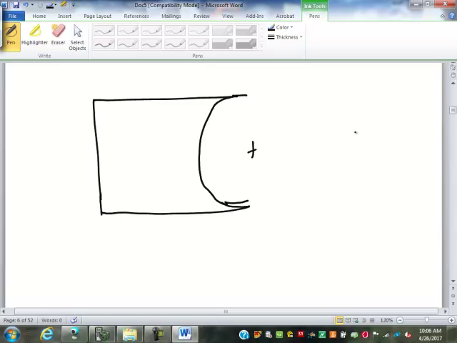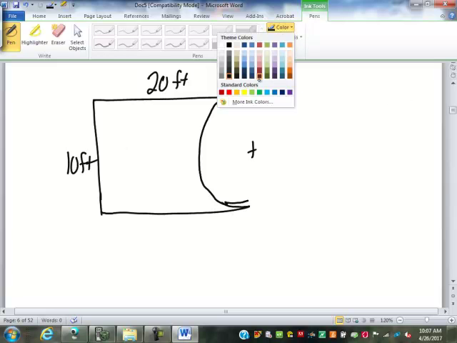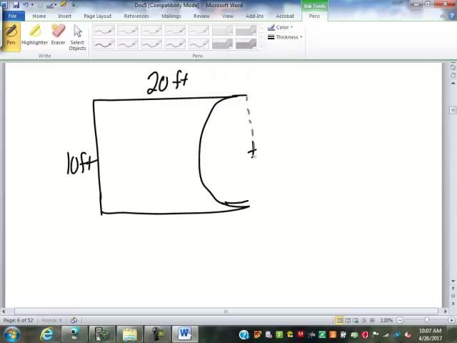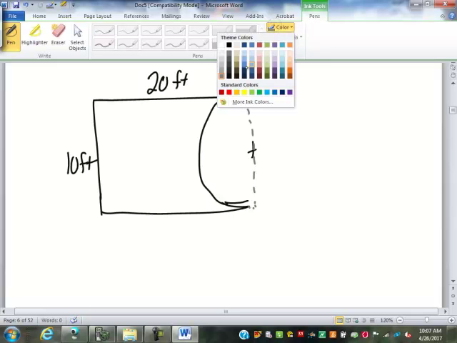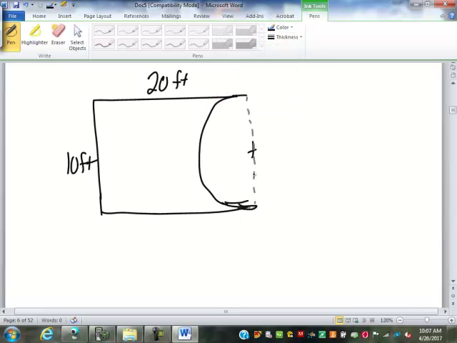Pretend that looks like a half circle. Or we have something like this, where I want to find the area of this. This one I could not add together pieces. Here I have to find the large rectangle and subtract out the half circle.